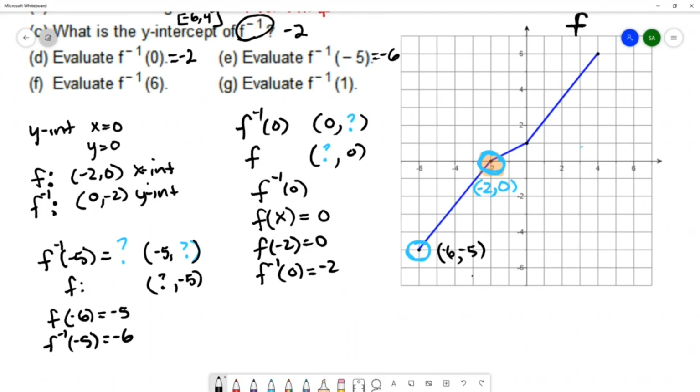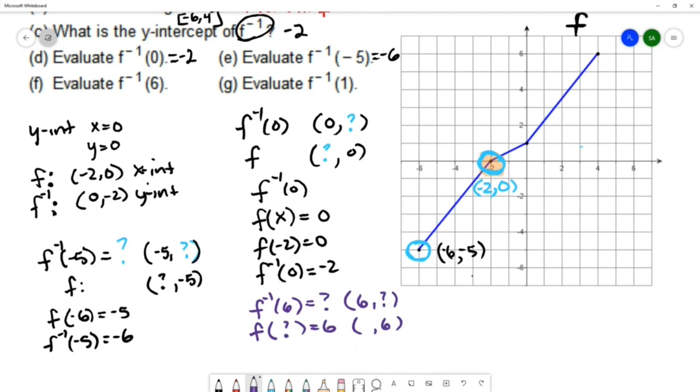So then we have our next part, f inverse of 6. Let's do it in a different color because my work is getting a little jumbled here. We're finding f inverse of 6. We don't know the answer. So for the inverse, we would have the ordered pair 6, comma, something we don't know. But for f, it would be f of that number we don't know equals 6.